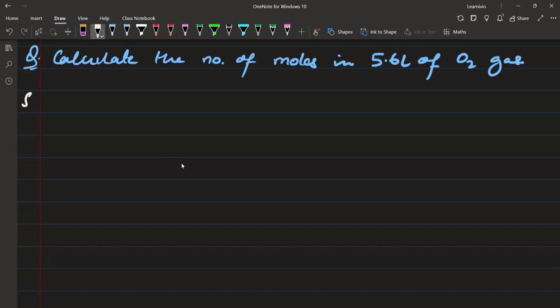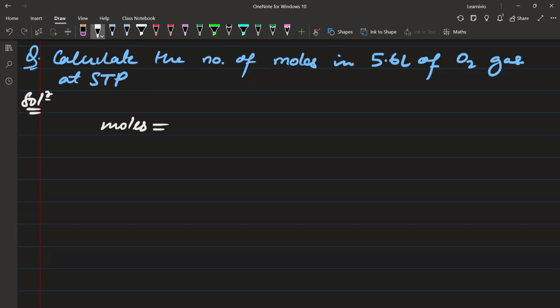So what is given here? Number of particles, mass or volume? Volume. Yes. So what is the formula if we have volume?